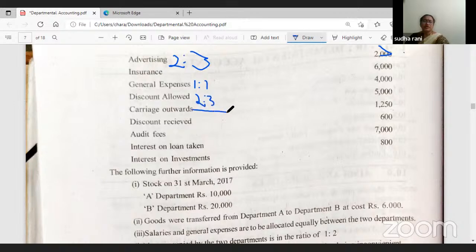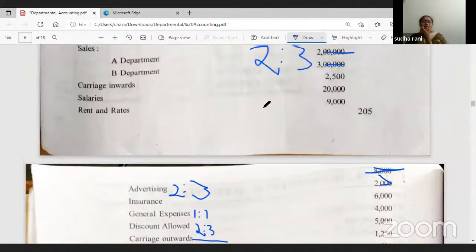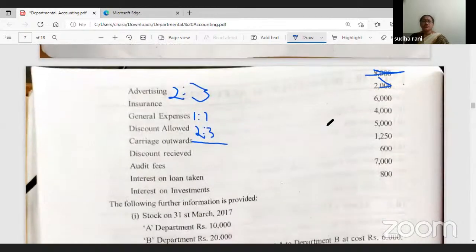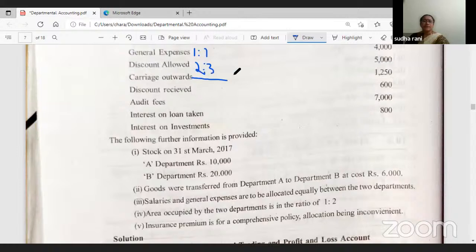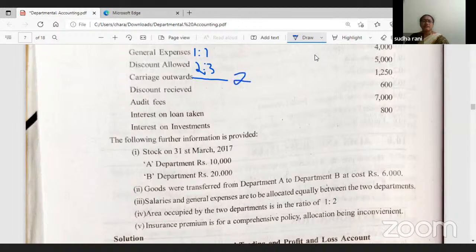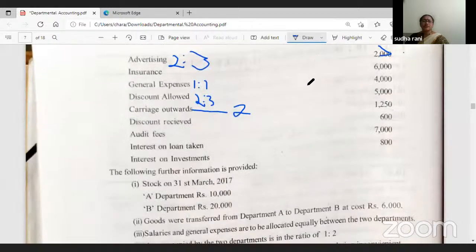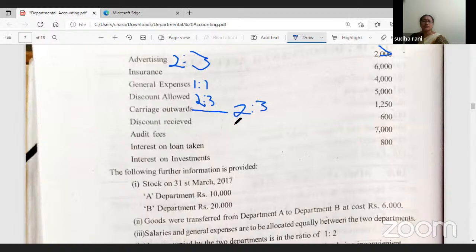Carriage outwards is based on sales. Sales again, how much did we get? Sales also 2:3, and purchases also 2:3.